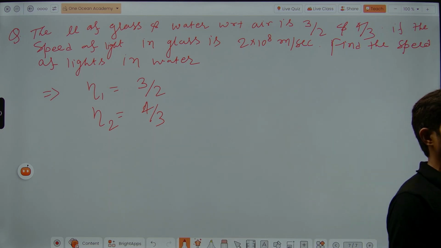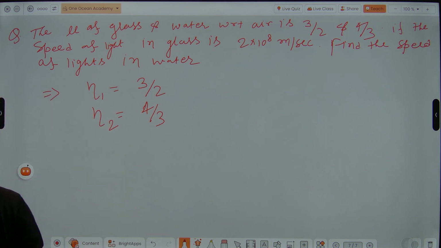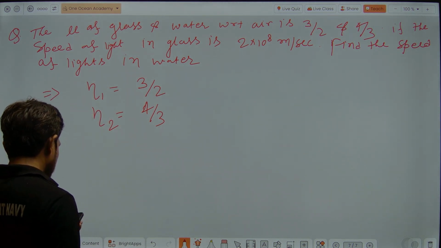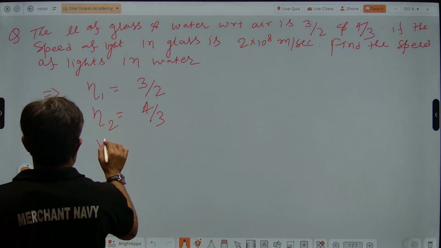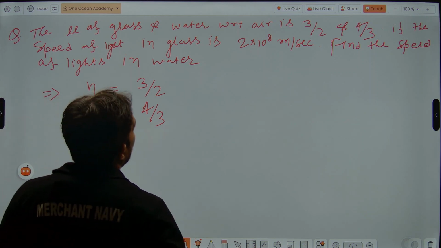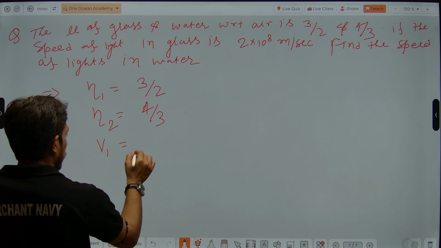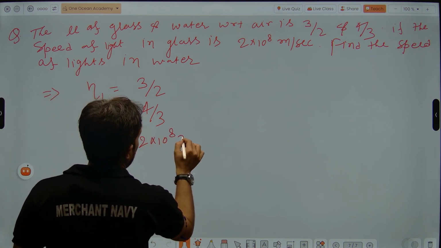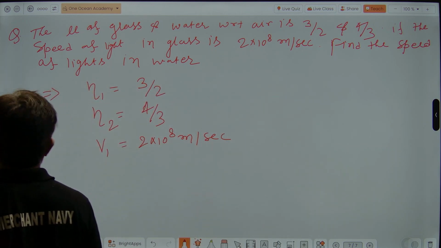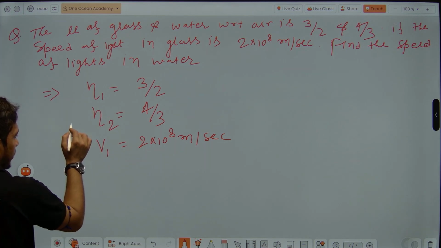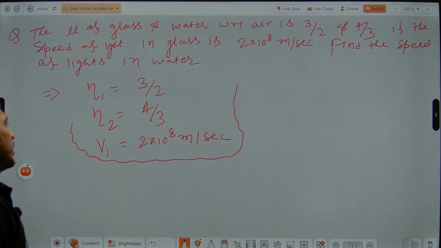Now, velocity of light in glass, V1, that will equal to 2 into 10 to the power 8 meter per second. That is clear?